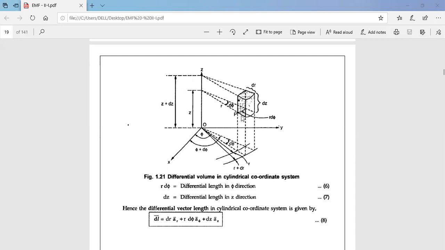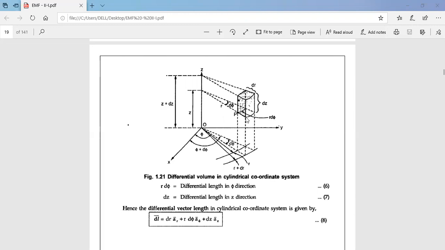The direction of your length is in the AR direction. Your length along the circumference, in radians, is R d phi.